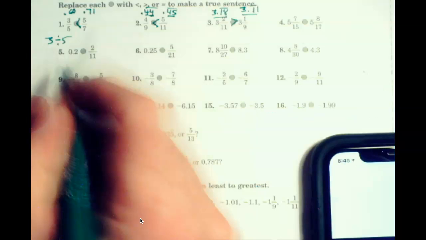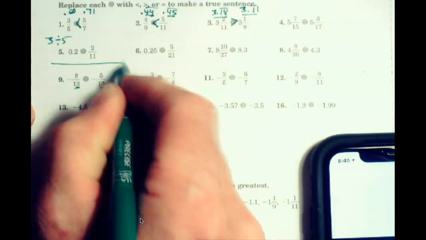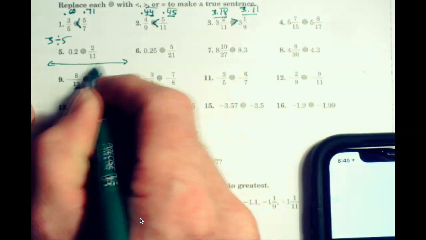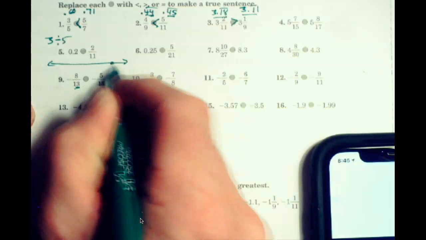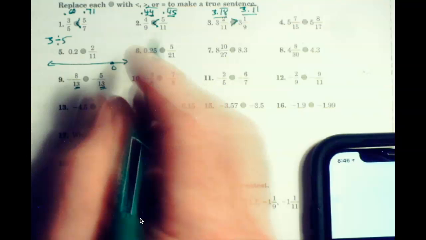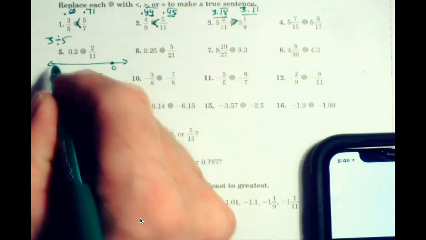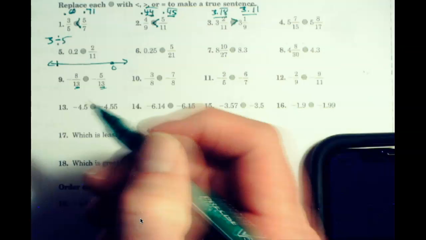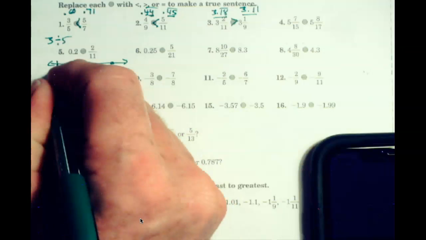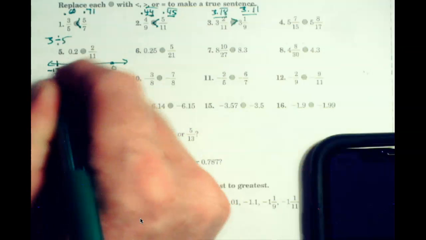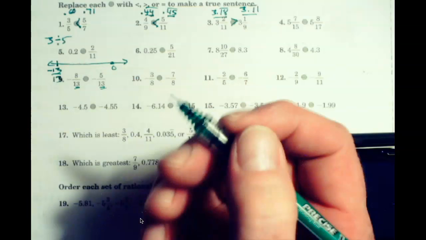Let's just think about a number line real quick here. Draw this. So here's 0 way over here because we're going to be in the negative. And let's say that this is 1. And for this case, we're just going to say this is negative 13 over 13. So there's our negative 13/13. That's one whole.